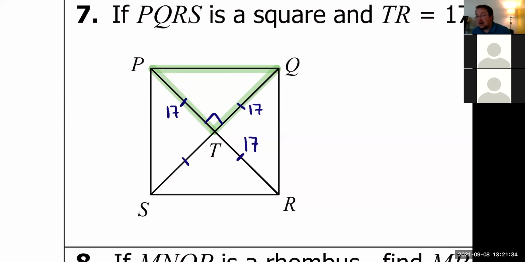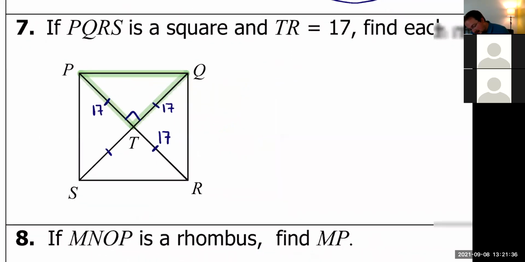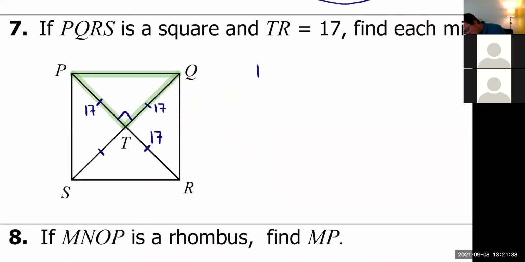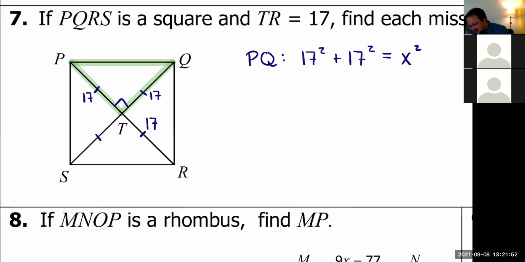And I'm looking for the hypotenuse in this little triangle that I highlighted here. So I can use the Pythagorean theorem to say 17 squared plus 17 squared, which are the two legs, equals the hypotenuse squared, which is, I'm going to use x.